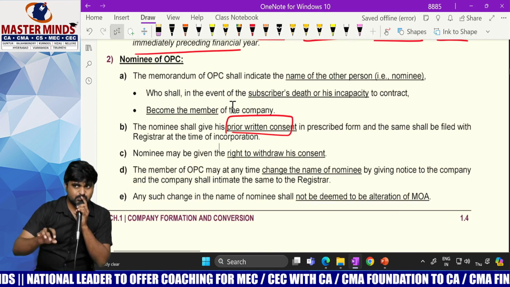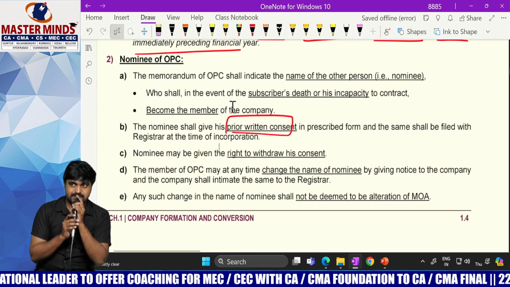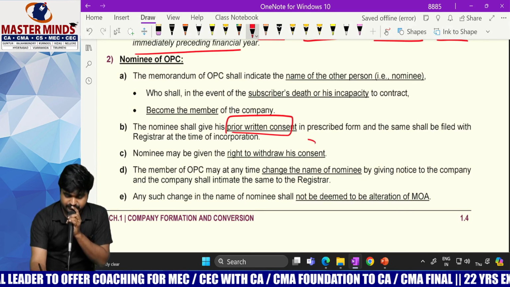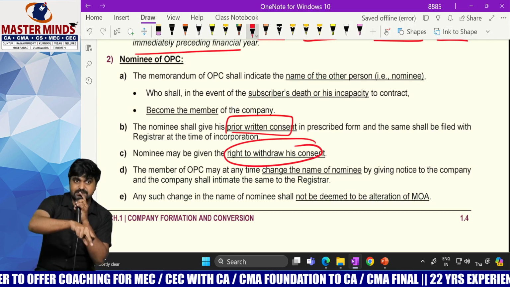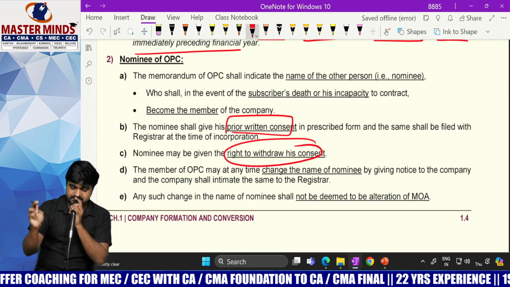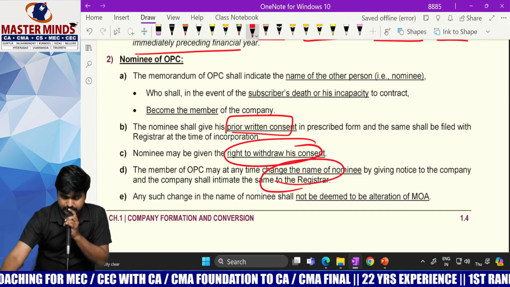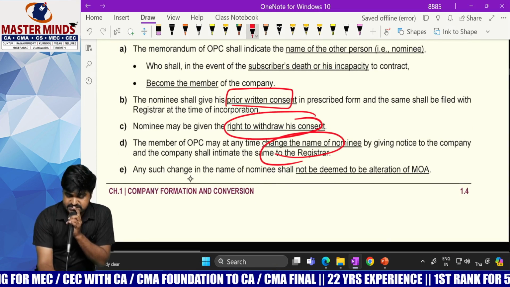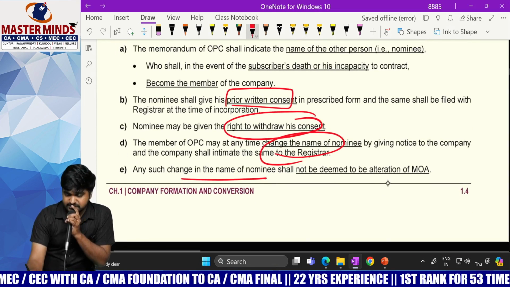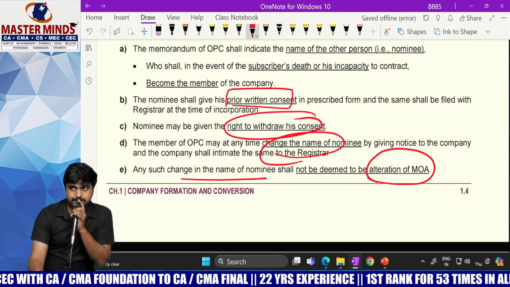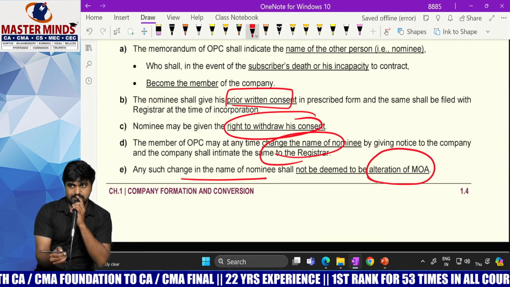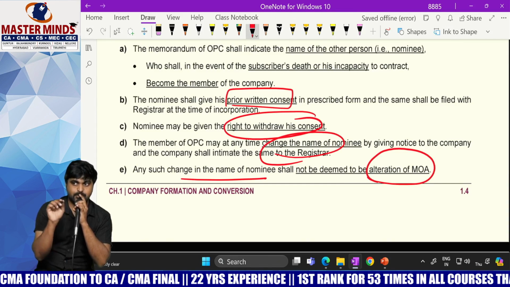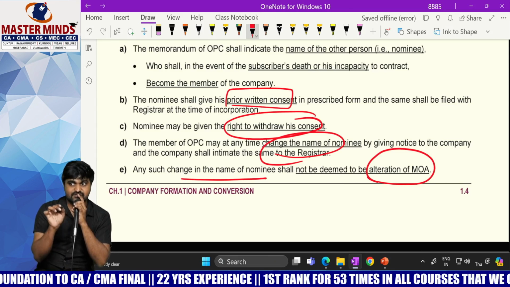Is it possible to withdraw nominationship at later point of time? Yes. Is it possible for member to change the nominee? Yes, it is also possible. So change in the name of nominee. So can it be called as alteration of MOA? Because in case of MOA, there will be 6 clauses for normal companies, 7 clauses for one person company.